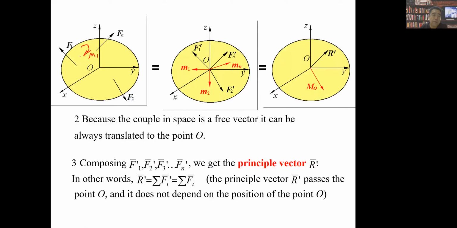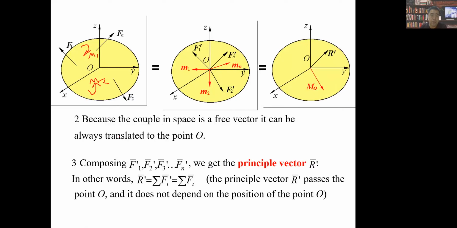When we use our right hand to find the direction, this M1 will denote a given direction of vector. We call that the vector of a couple, right? Maybe we also have this direction, we denote M2. So if the original force system has some couples, we only need to move them to the same point.